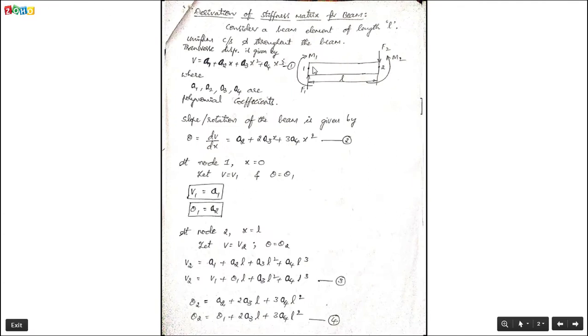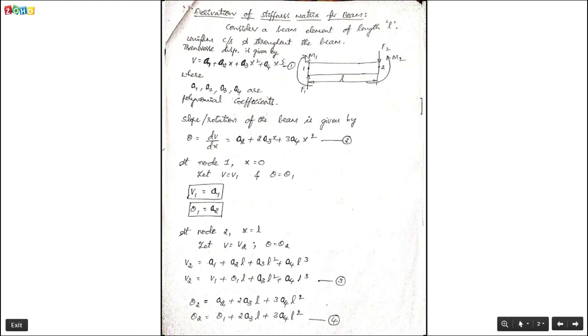Now, I am considering a beam of length L and cross-sectional area A. This beam has two ends, the first node and the second node. At the first node, the force acting upward I consider as positive. When the force acts downward, here F2, I consider as negative.